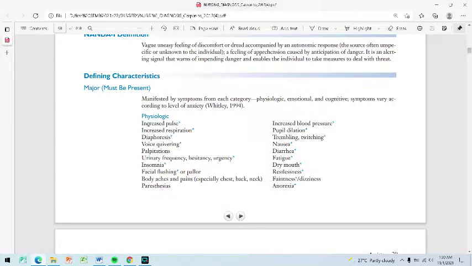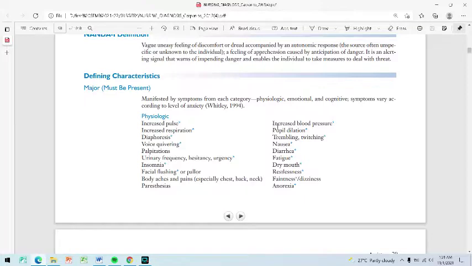Here: increased pulse, increased respiration, diaphoresis or sweating, voice quivering, palpitation, urinary frequency, hesitancy or urgency, insomnia, facial flushing and or pallor, body aches or pain, paresthesia or numbness.